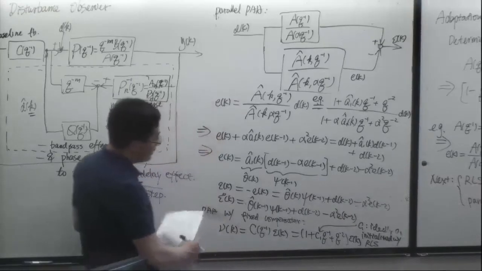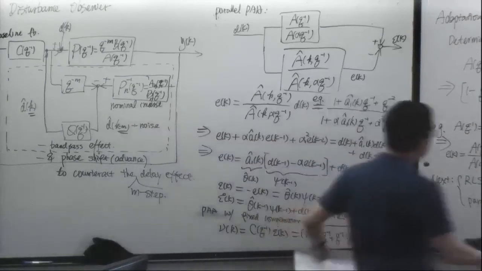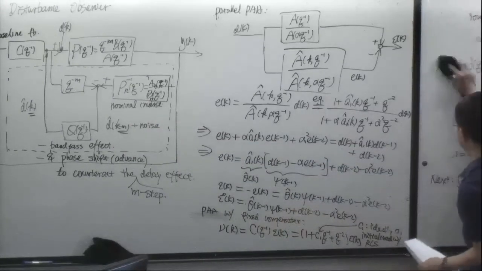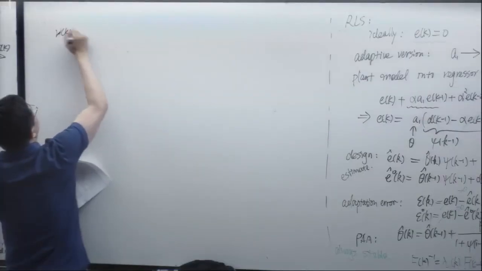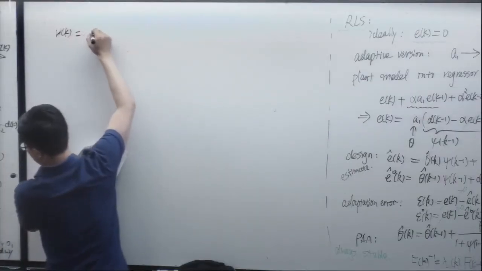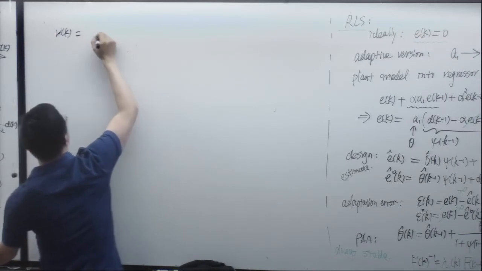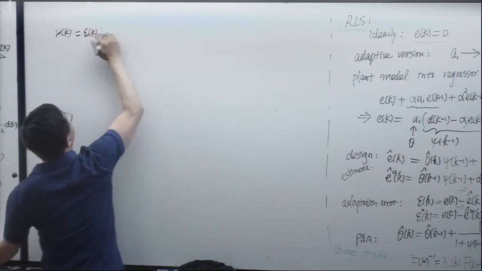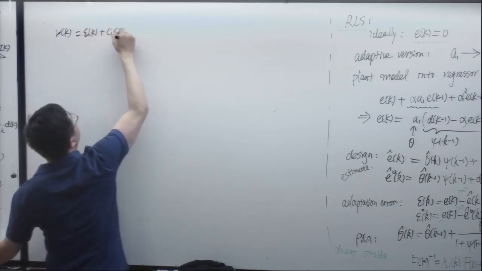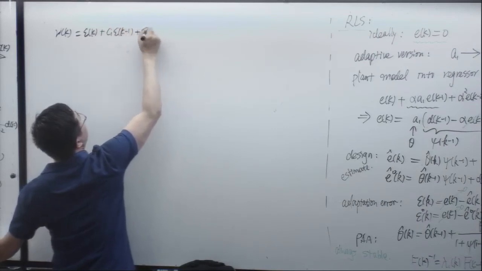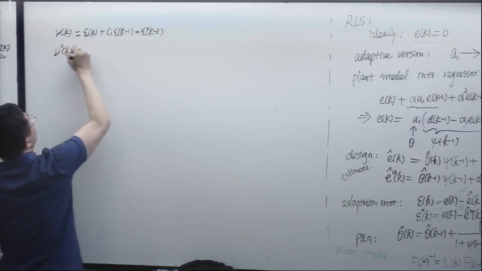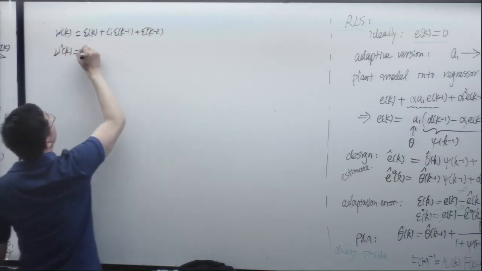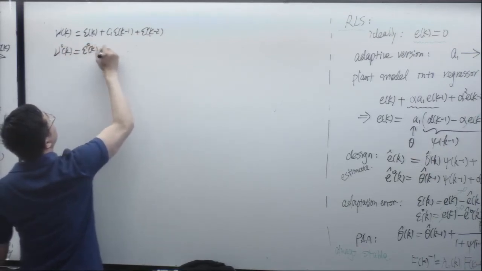All right, so the exact formula will look like this. Nu k is going to be epsilon k plus C1 epsilon k minus 1 plus epsilon k minus 2. And the a priori version is going to be this.